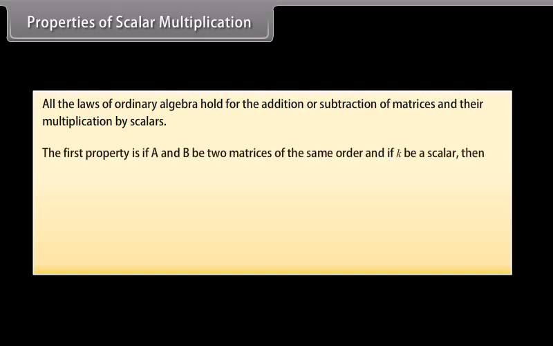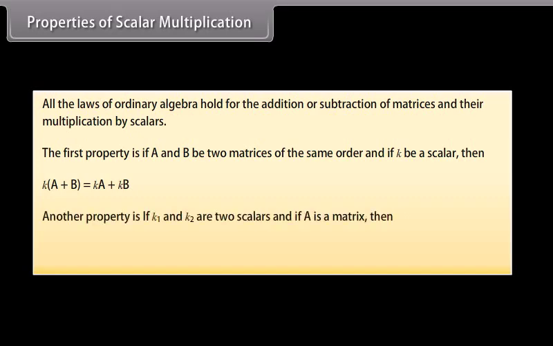The first property is, if A and B are two matrices of the same order and K is a scalar, then K times (A plus B) is equal to K times A plus K times B. Another property is, if K1 and K2 are two scalars and A is a matrix, then (K1 plus K2) times A is equal to K1 times A plus K2 times A, and K1 times K2A is equal to K2 times K1A.